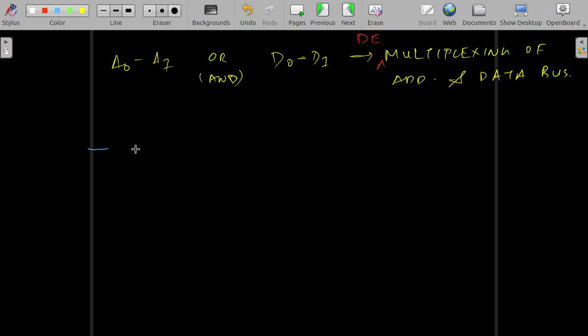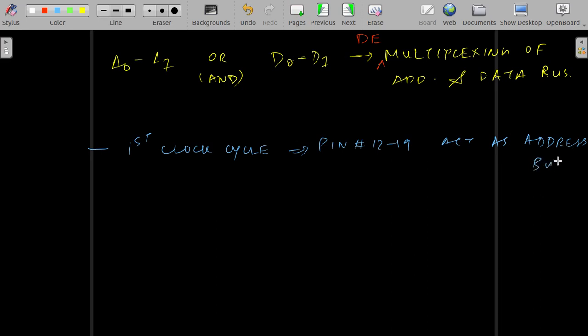How it is done is, during the first clock cycle, these lines, that is pin number 12 to 19, act as address bus lower, right?